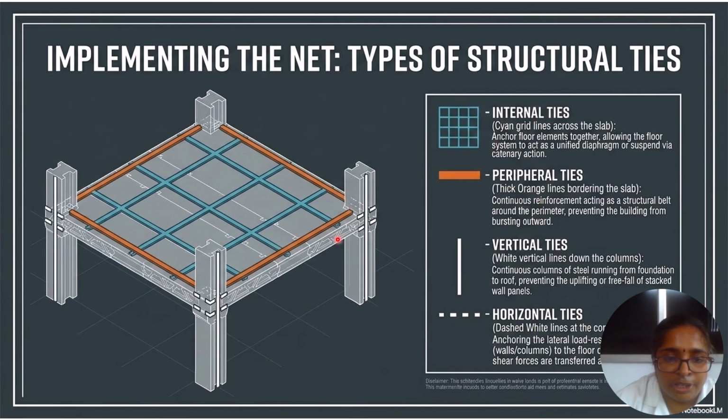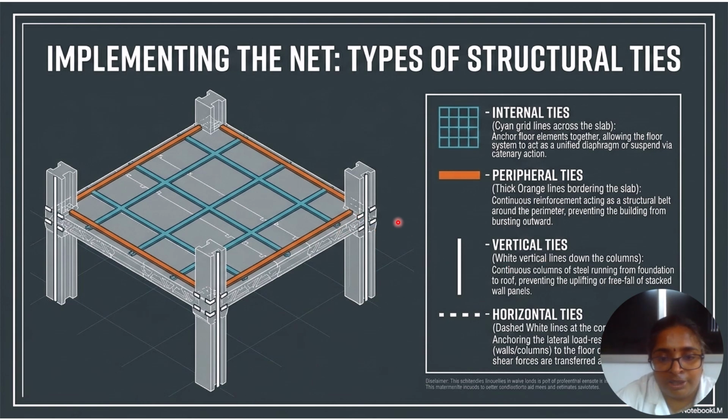Internal ties, in the image marked in blue color, anchor floor elements together, allowing the floor system to act as a unified diaphragm or be suspended via catenary action. And peripheral ties: this continuous reinforcement acts as a structural belt around the perimeter, preventing the building from bursting outwards.